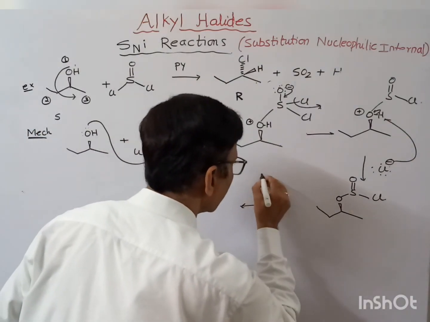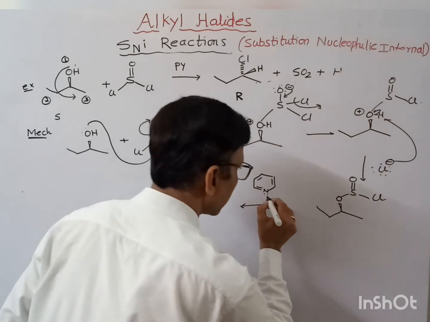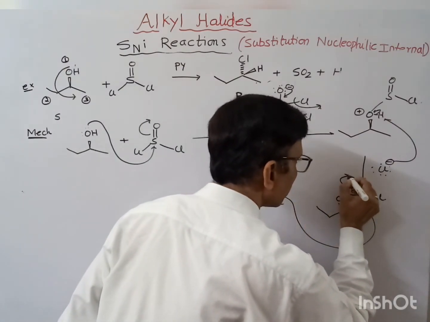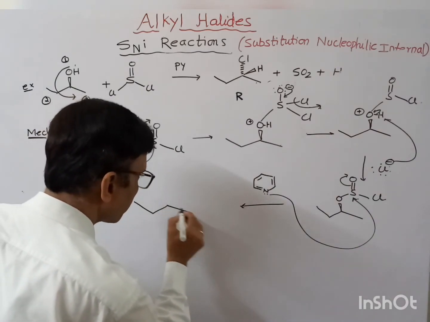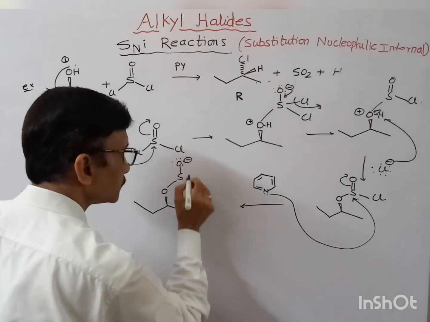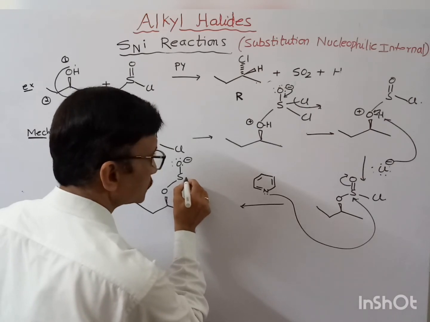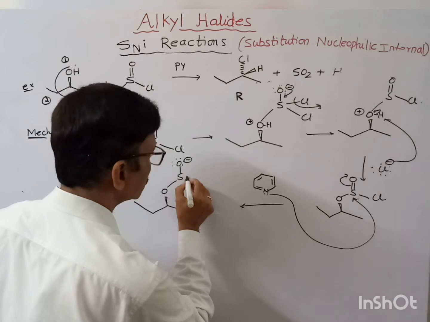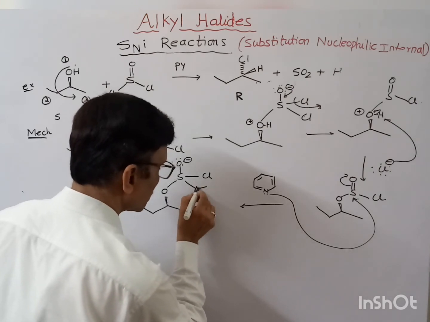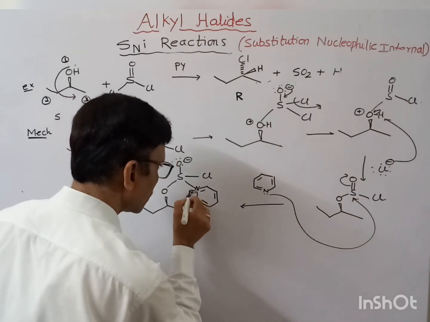Now we have pyridine. This pyridine will attack the empty d orbital of this sulfur, and the pi bond will break, and what are we getting? The positive charge will come over the nitrogen.